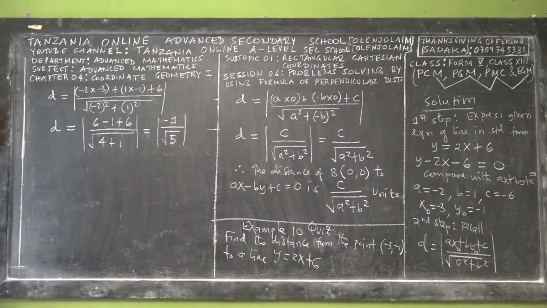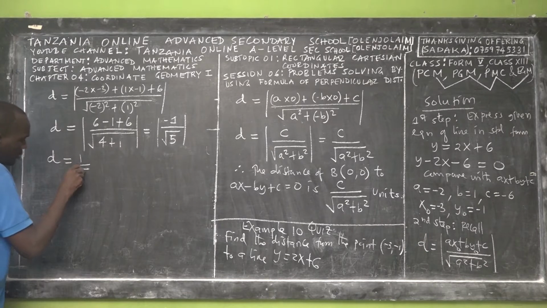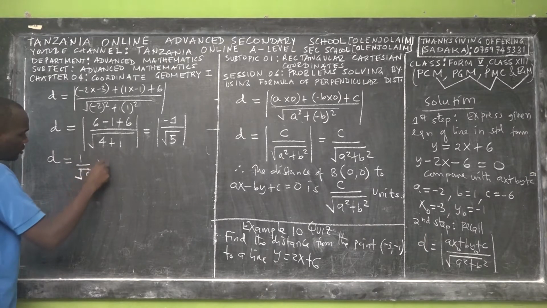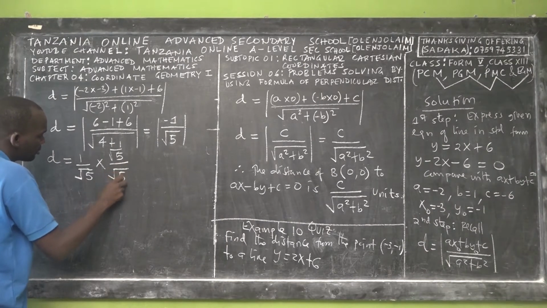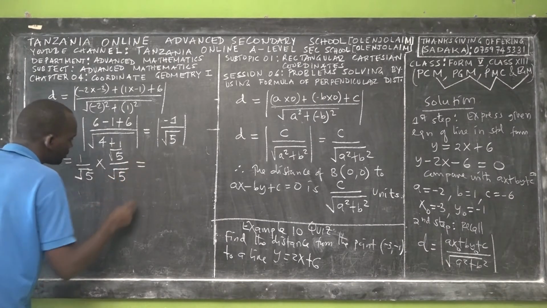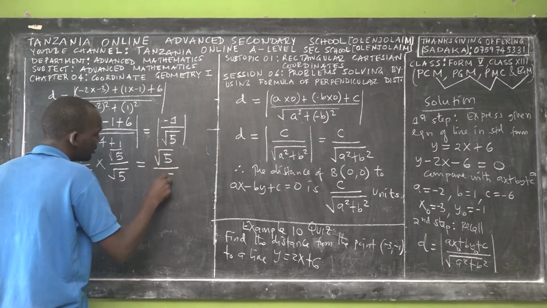So the answer is the absolute of 1 over square root of 5. So the distance is equal to 1 over square root of 5. You can rationalize the denominator, multiplying by square root of 5 over square root of 5. So this is equal to the square root of 5 over 5.